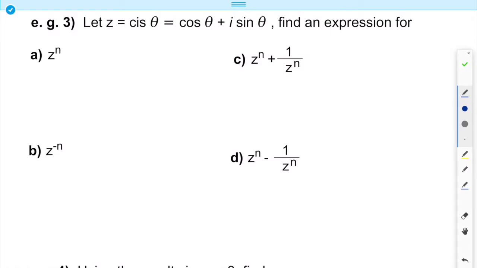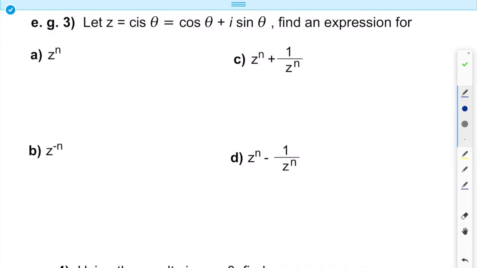Here is example 3. In this example, we're going to develop some property of powers of complex numbers that can be useful in a grander scheme of things afterwards. But let's start by letting z be a basic complex number with modulus 1 and argument theta, written in the form cis theta.